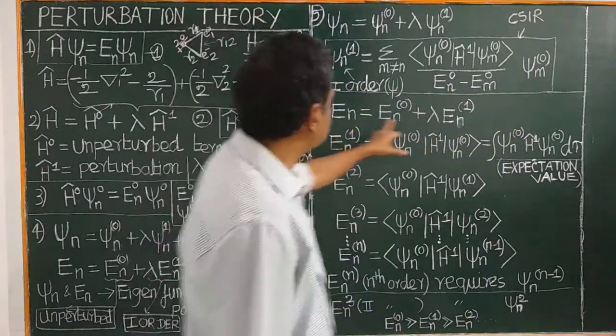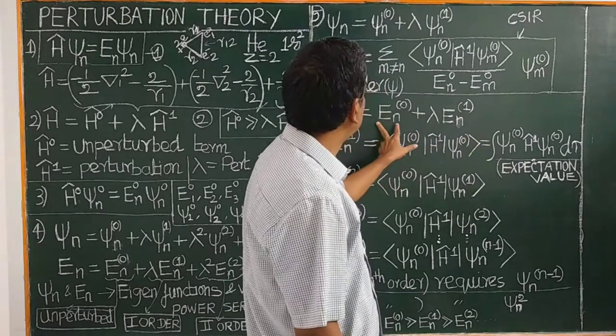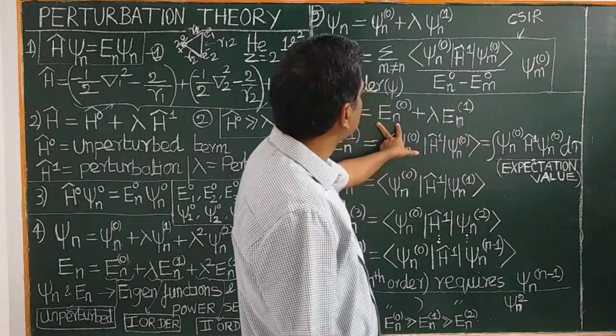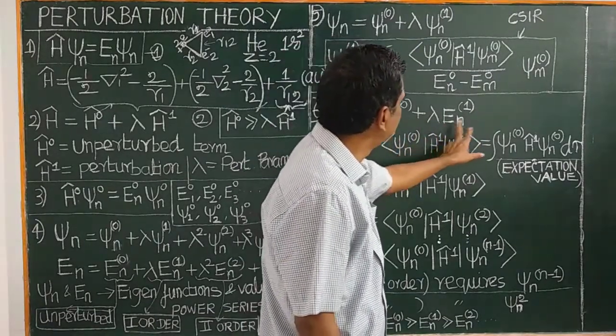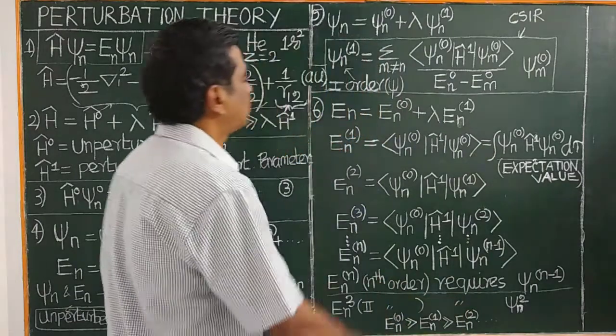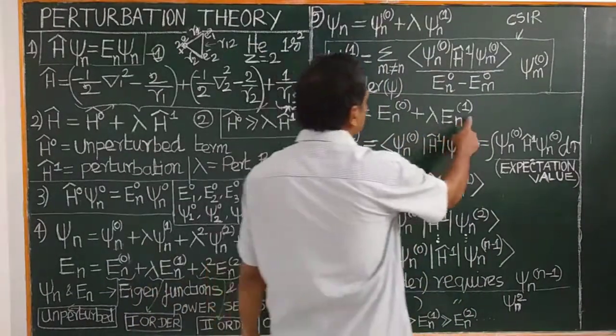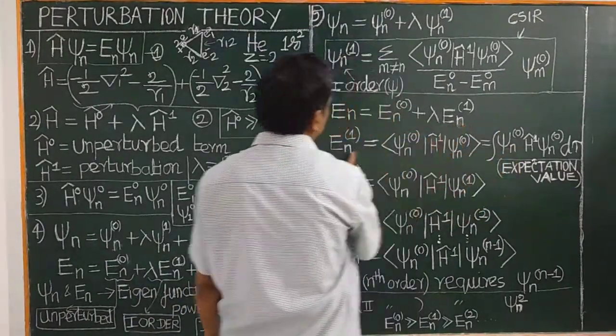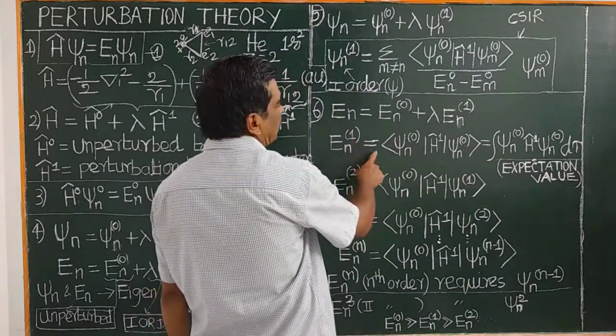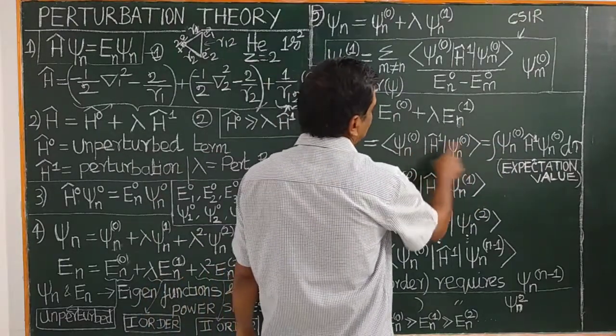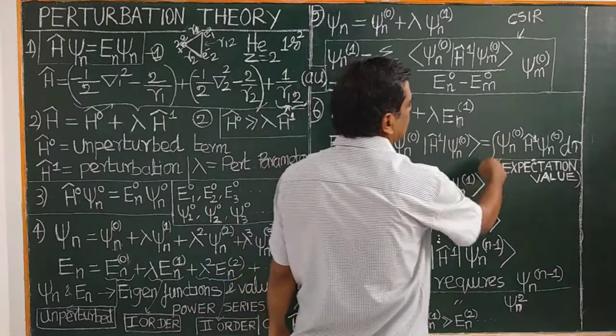Similarly, for energy, this is the zeroth order energy and this is the first order energy. How is this first order energy obtained? The first order energy En 1 equals psi n naught H cap prime psi n naught in bracket notation, and this is the integral notation.